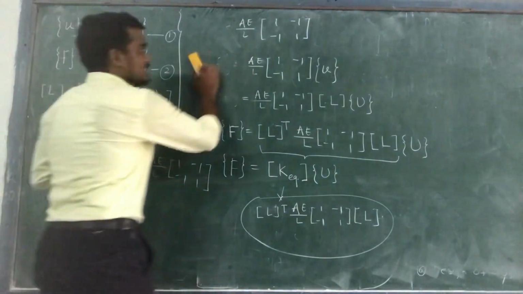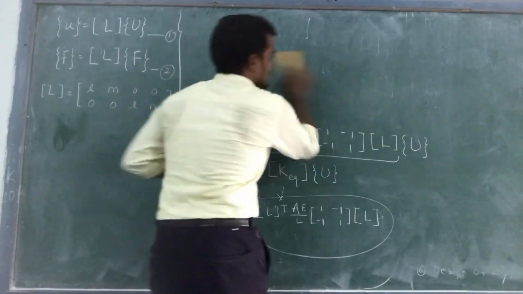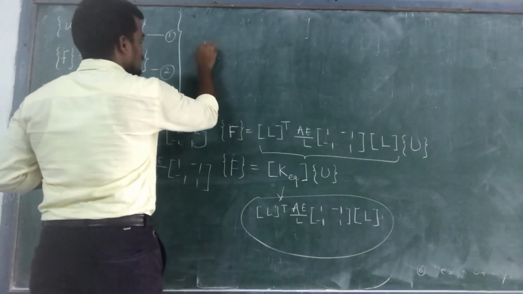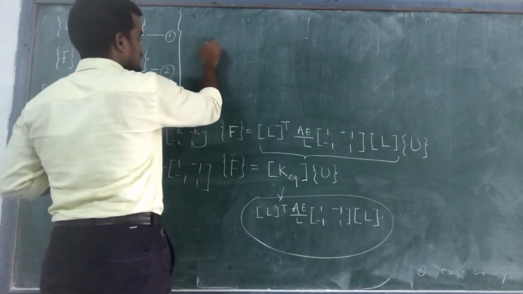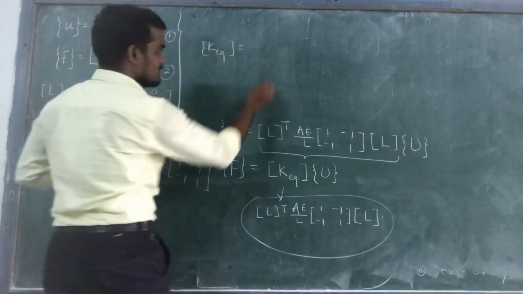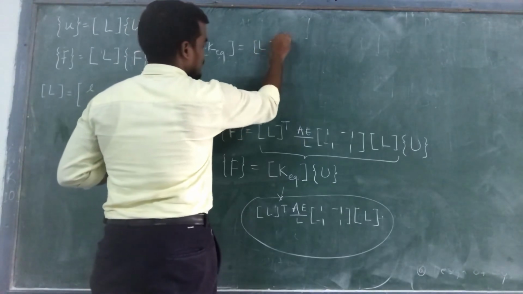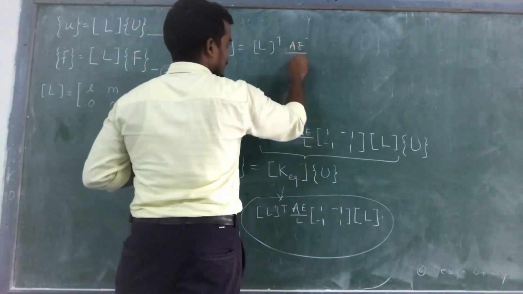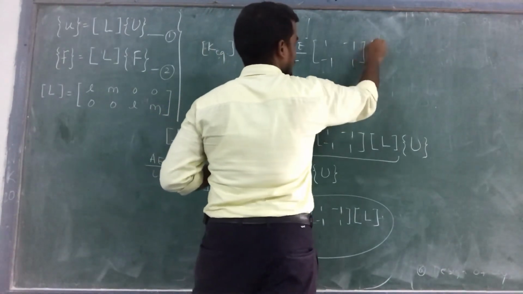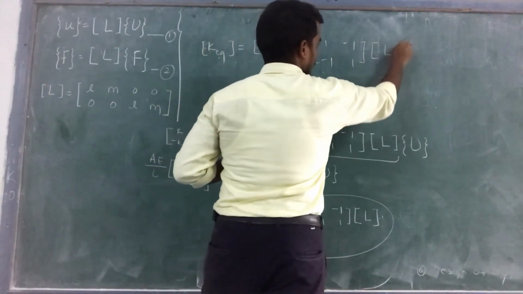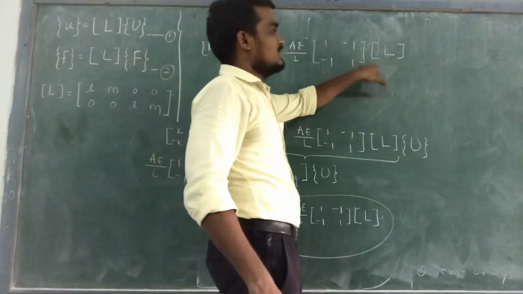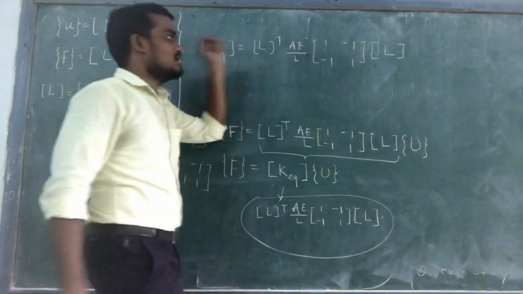Now the element stiffness matrix for your truss element is nothing but L transpose into AE by L [1 -1; -1 1] into L. So this is the element stiffness matrix in global coordinates for the truss element.